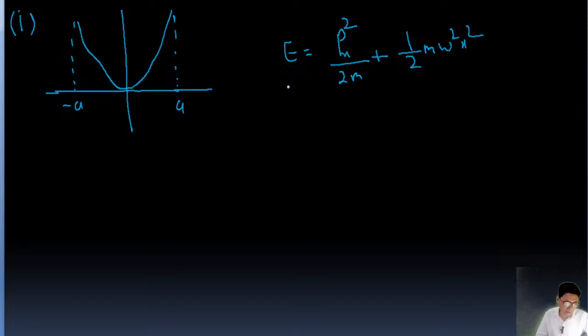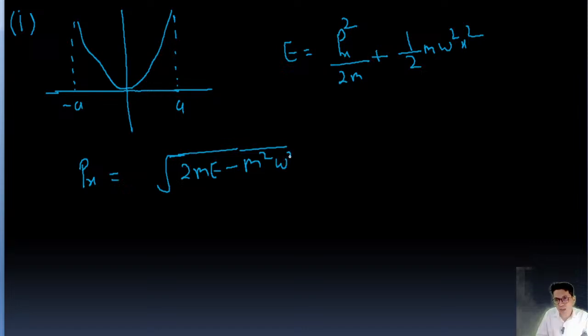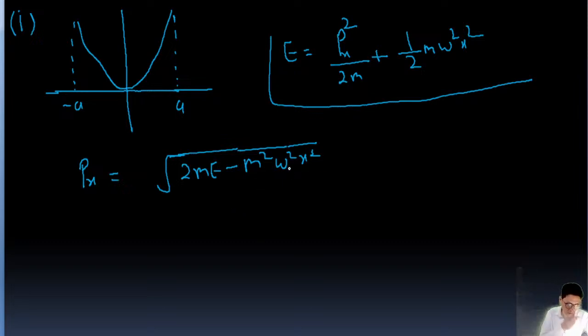So this is the E, and from here we can get value of Px, and that value is going to be root 2m E minus m square omega square x square. Okay, from this equation, total energy, I have found value of Px. So this is the value of Px, right?